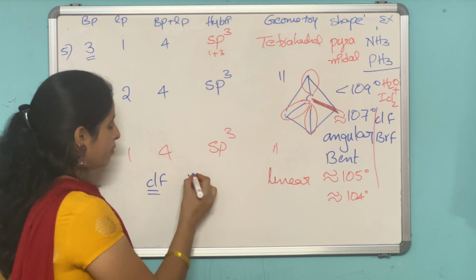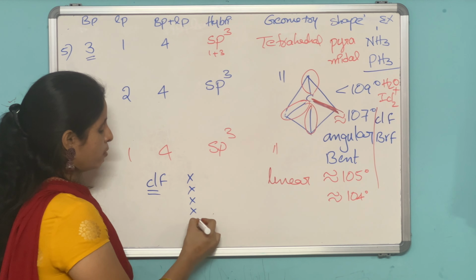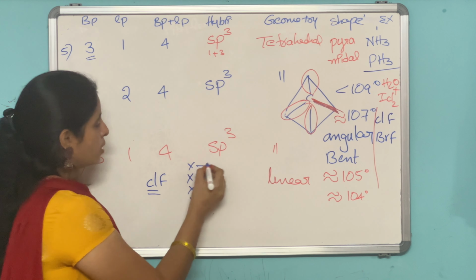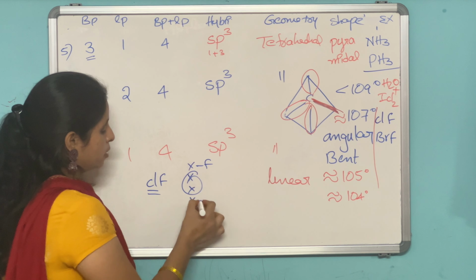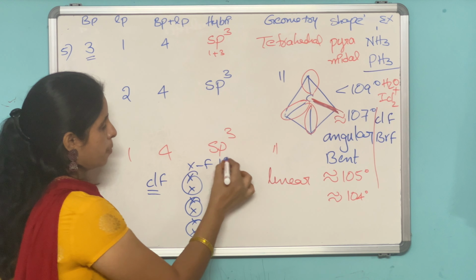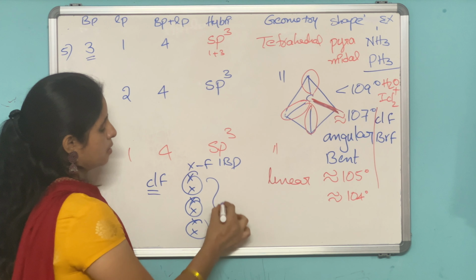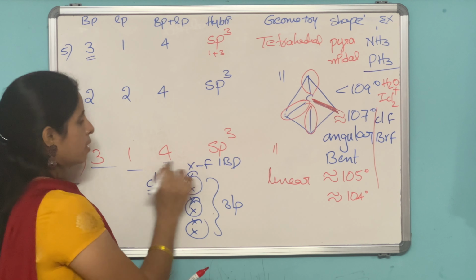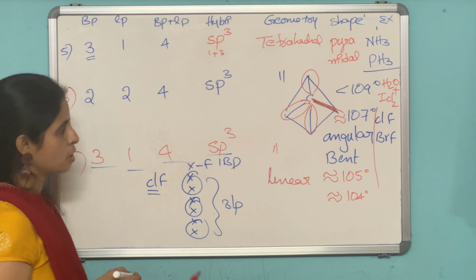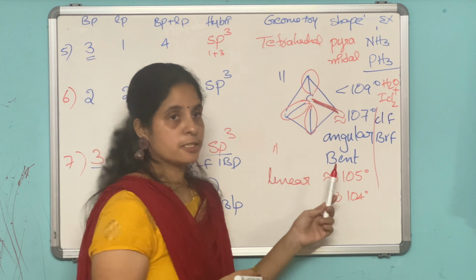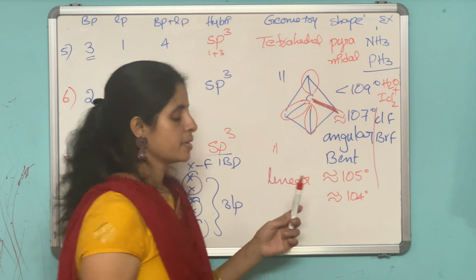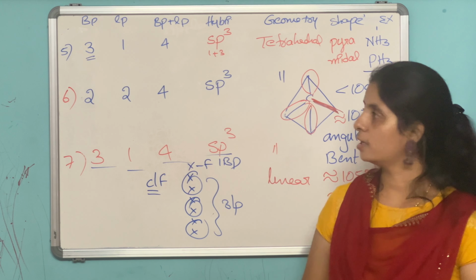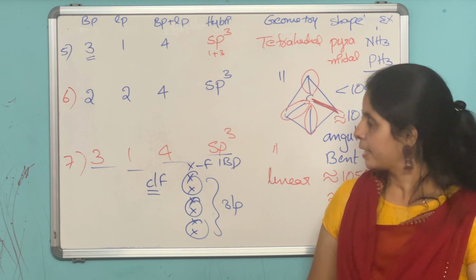So chlorine has 1, 2, 3, 4, 5, 6, 7; both belong to the same group. So 1 fluorine gives 1 bond pair plus 3 lone pairs, altogether 4. sp3 hybridization, 3 lone pairs. So there will be a distortion in the geometry and the shape is linear. Clear?